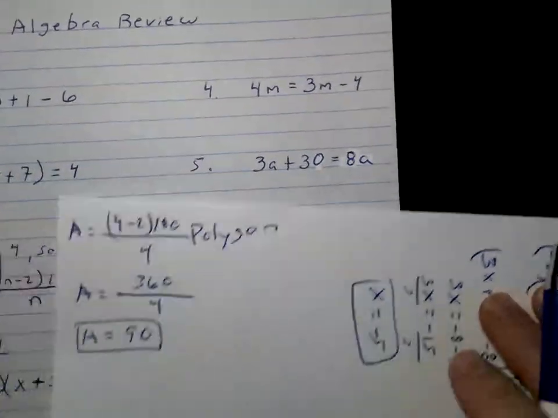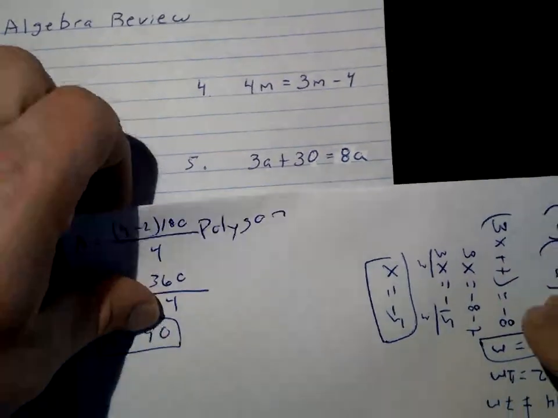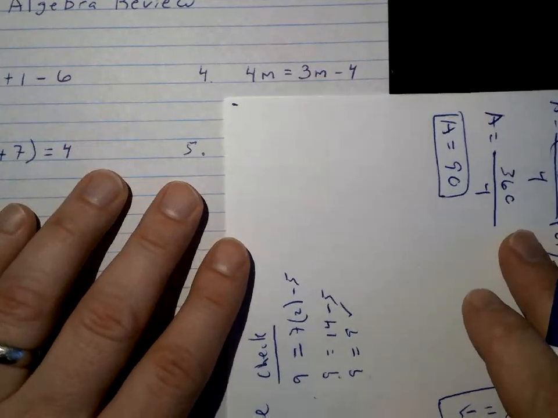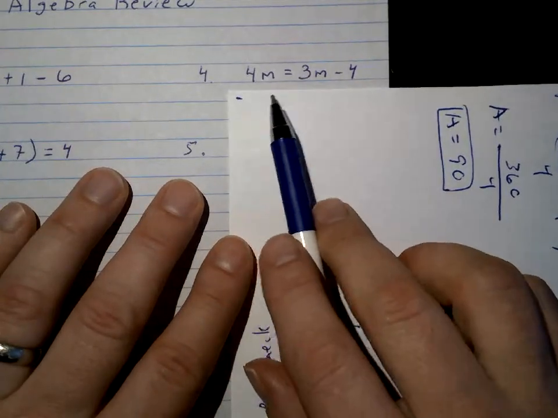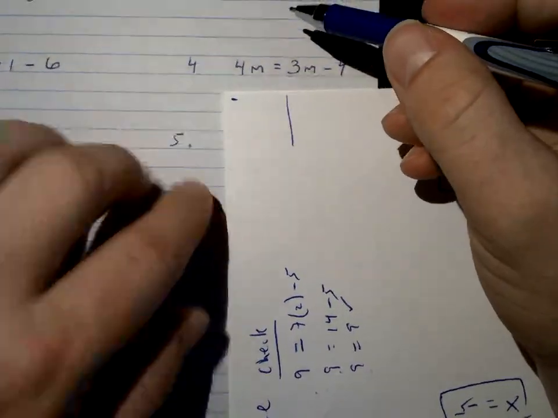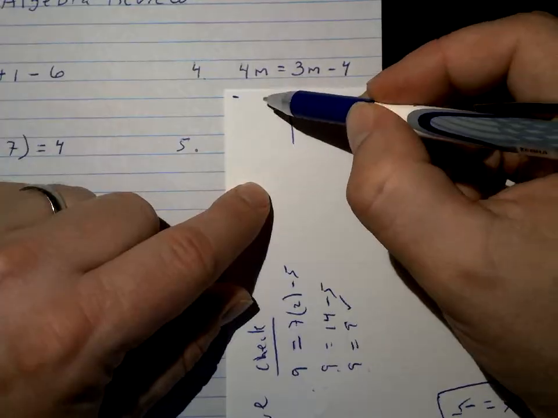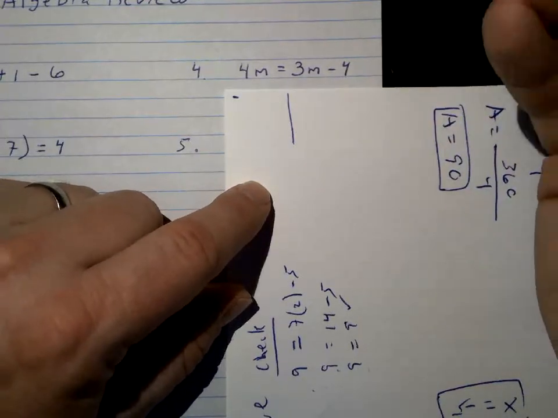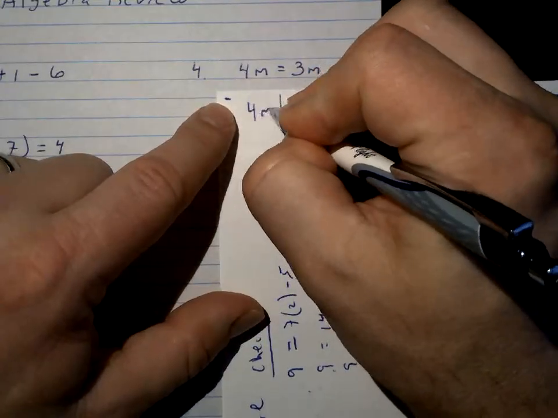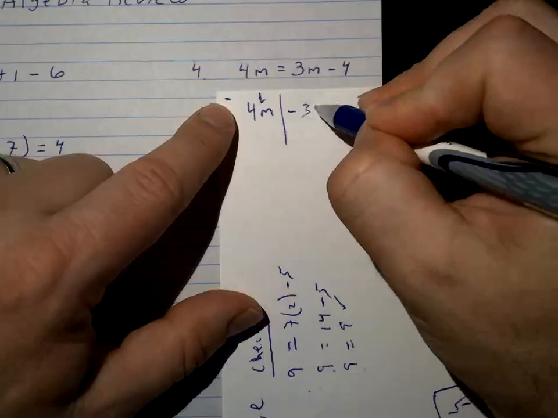Okay, the rest here, like 4 and 5, we haven't talked too much about, but you might have a little trouble with number 4, and here's why: because variables are on both sides. Don't be afraid here, because remember, I want to get the same variable on one side or the other side. It doesn't matter. The easiest way to do this is that I'm going to leave this one here, and I'm going to go ahead and subtract 3m.